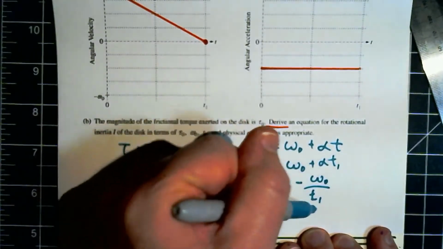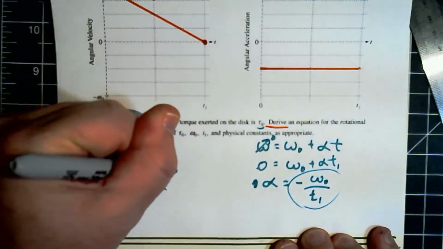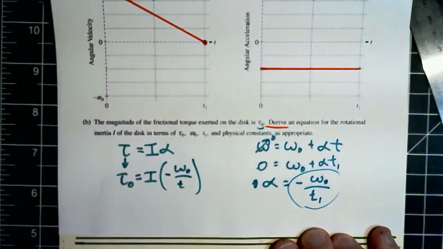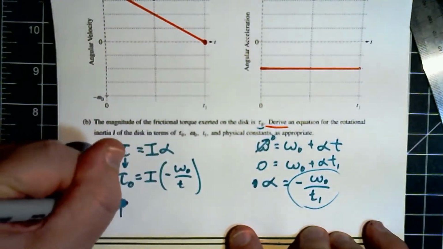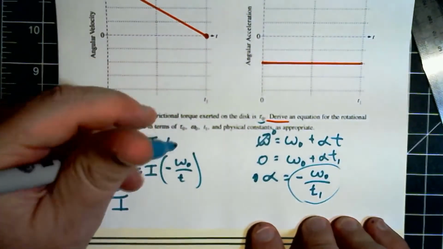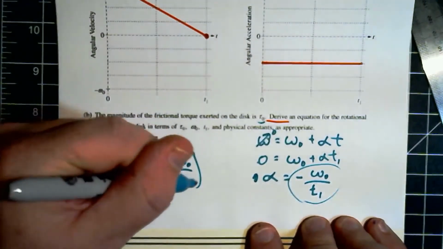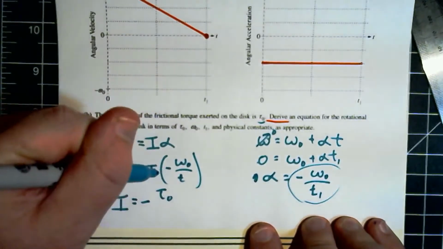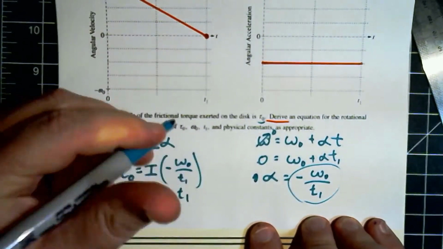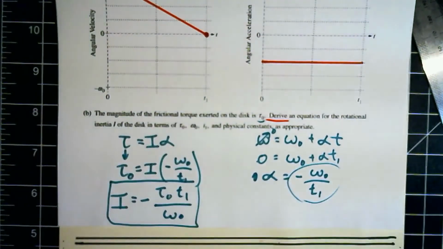Now I have an expression for alpha, which I'm going to substitute into my original equation, minus omega naught over T1. Then just take this equation, rearrange, and solve for I. I is equal to negative, because there's that negative sign, tau naught divided by all this stuff. When you divide, it flips the terms around, so we'll have T1 on top and omega naught on the bottom. So that is an expression for the rotational inertia I.